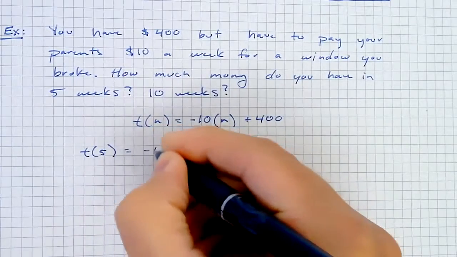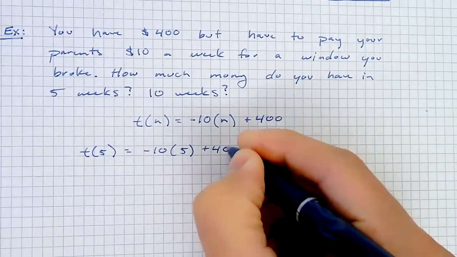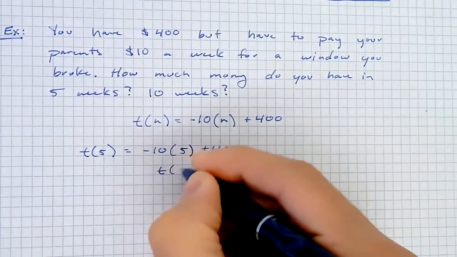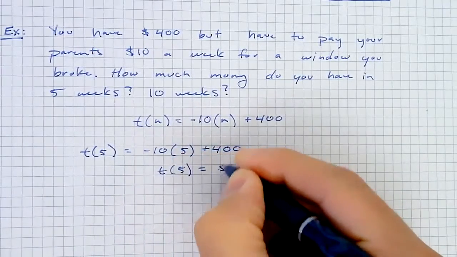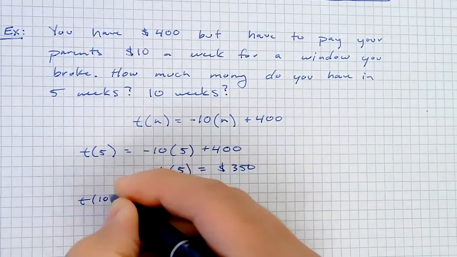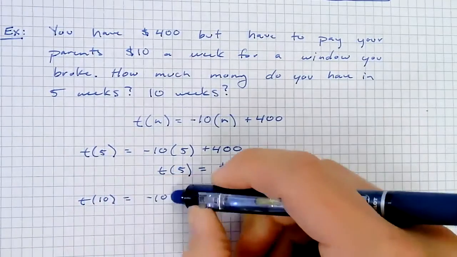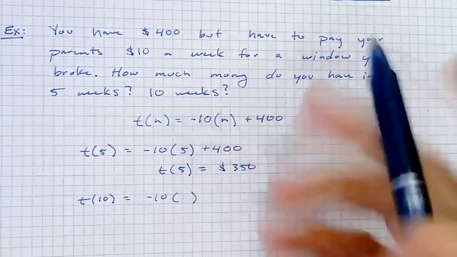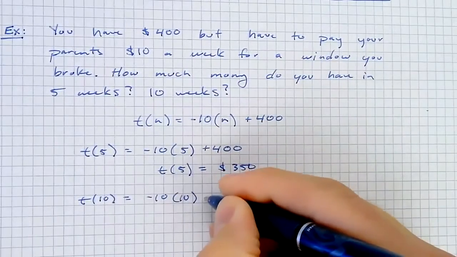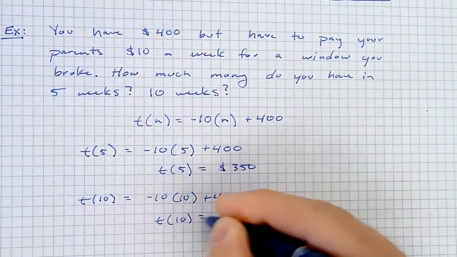After 5 weeks, when we plug in 5, we should end up getting 350. And same thing for 10. We're basically down $100 at that point, so we should have T of 10 equaling 300.